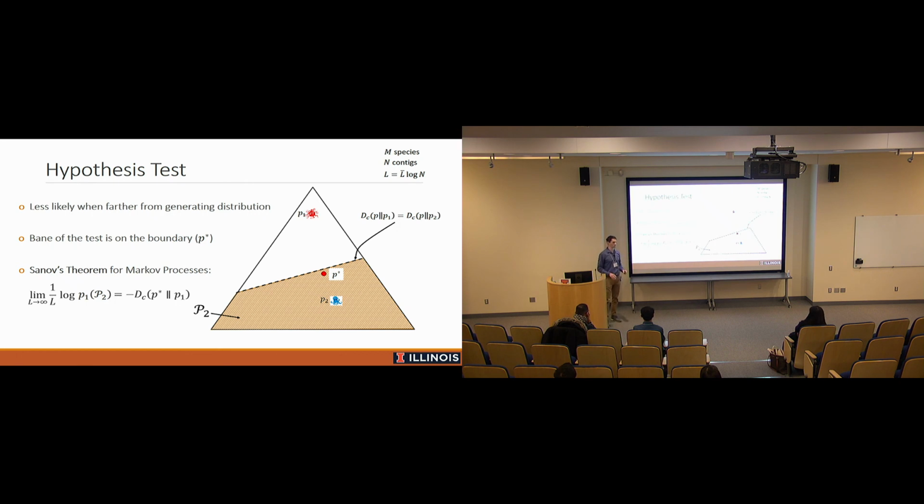It's not nearly as straightforward for this case. And this is what we define as the Chernoff information between P1 and P2. So it's symmetric. If we were to do the same thing with a contig generated by P2, then P star would be in the same place and the Chernoff information would be the same.